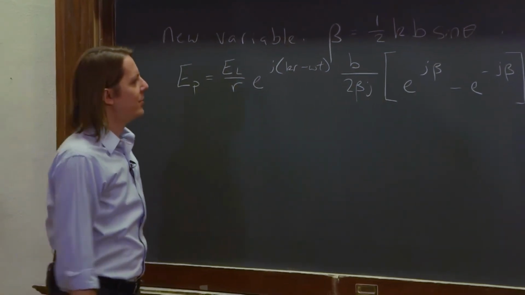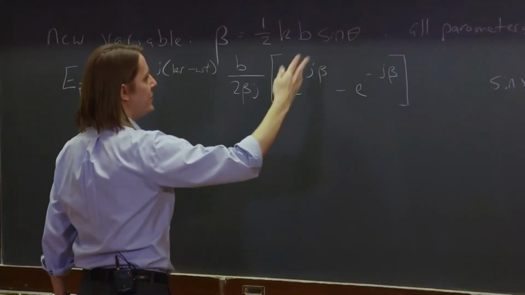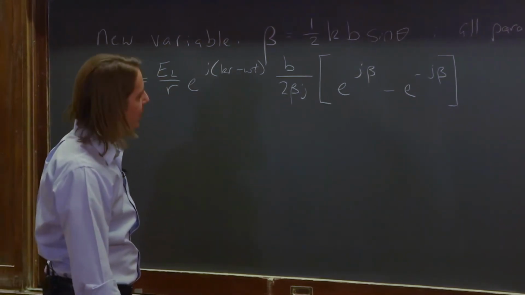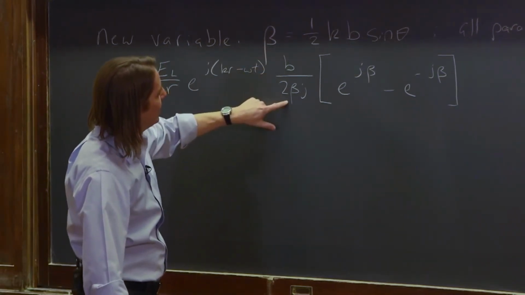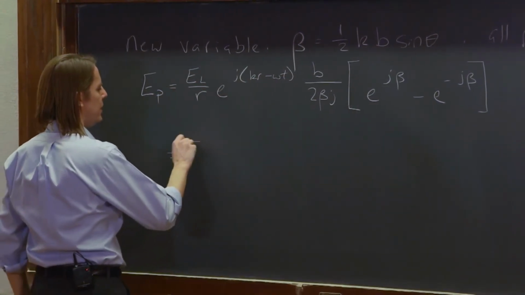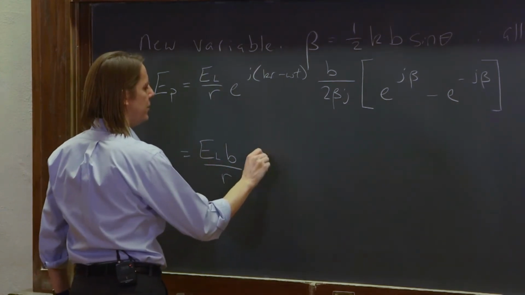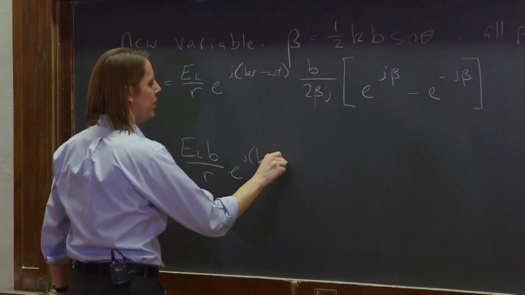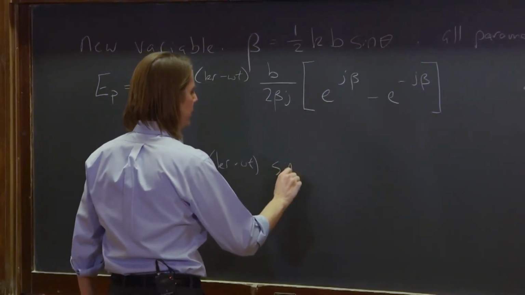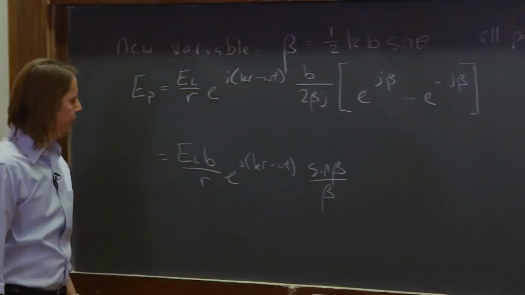And what that means is we can replace 2j, all this, with just sine of beta. Right? It simplifies it down to just being sine of beta. So we end up with sine of beta over beta. This b, we actually want to stick right here. Okay? So we get E_L times b over r, e to the j(kr minus omega t). And then we get sine of beta over beta.